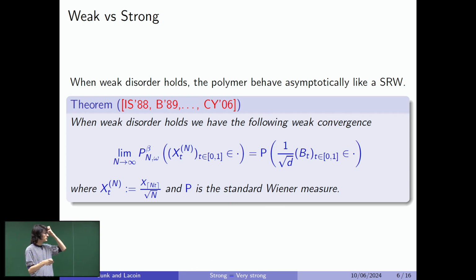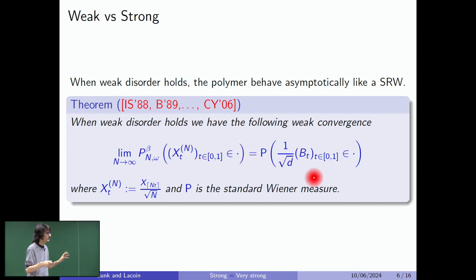Okay, there is a factor square root of d, which is just there to match the variance to that of the random walk. So this means that on a large scale, you don't see the effect of the disorder. And the important thing is that this convergence holds for a fixed beta.